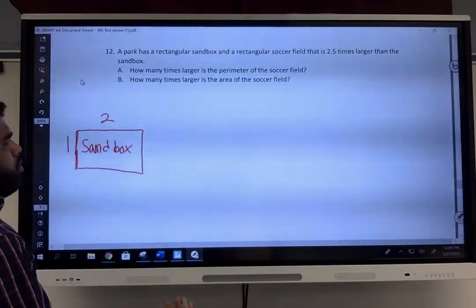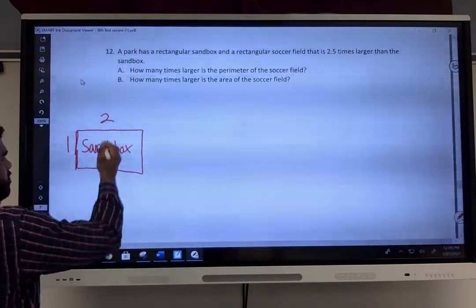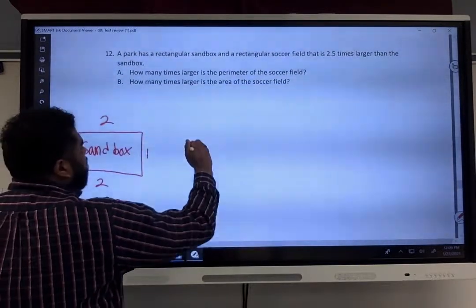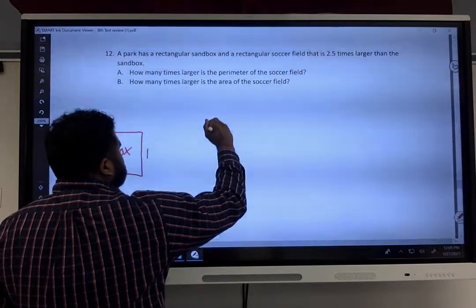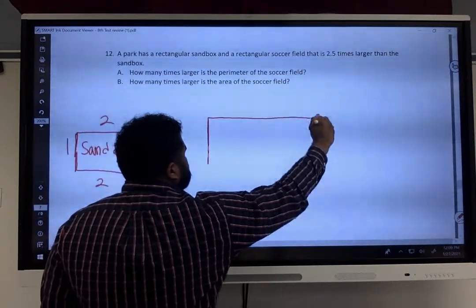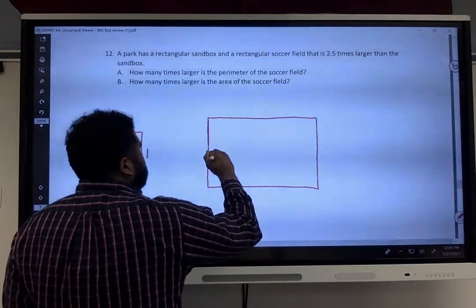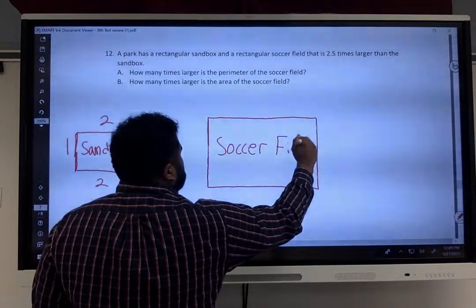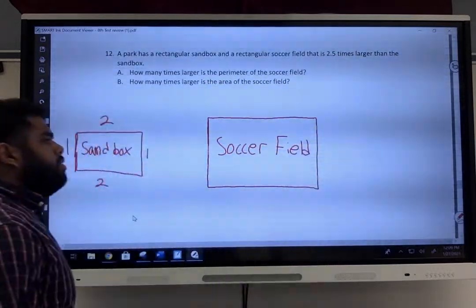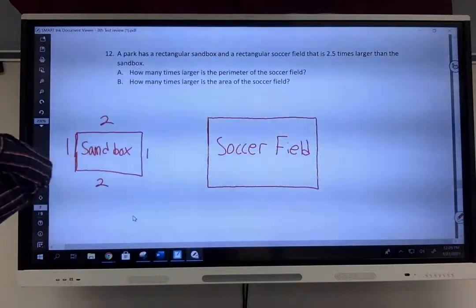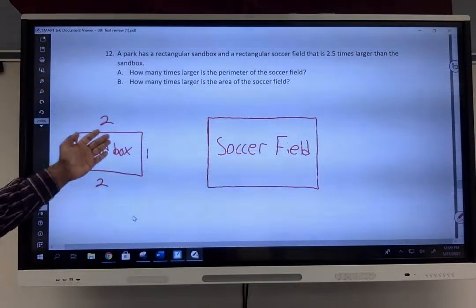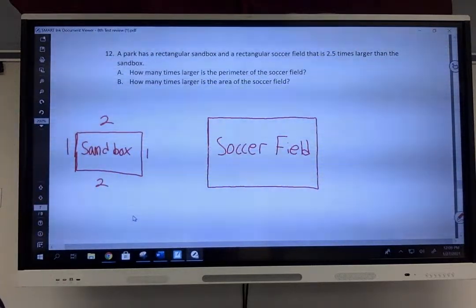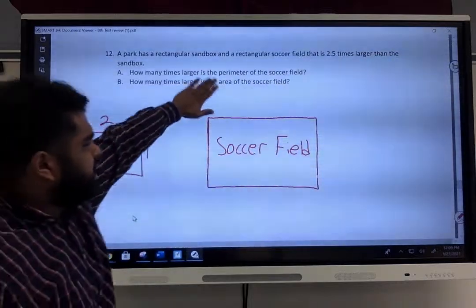Now, since it's a rectangle, I know that parallel sides will be equal to each other, so these will be 2 and this will be 1, okay? Now, the soccer field will be over here. Now the soccer field, it says it's 2.5 times larger than the sandbox. Okay, well then if that's true, we can just take our side lengths from the sandbox and multiply them by 2.5 to find the side lengths over here.